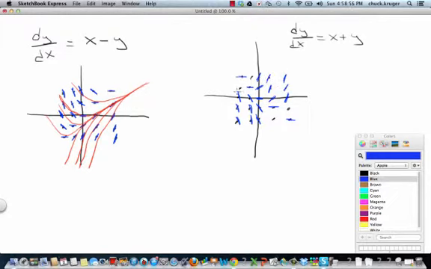Alright, so what does this look like? So it looks like here I have it bottoming out. Let me get to my red here. And then I bottom out.